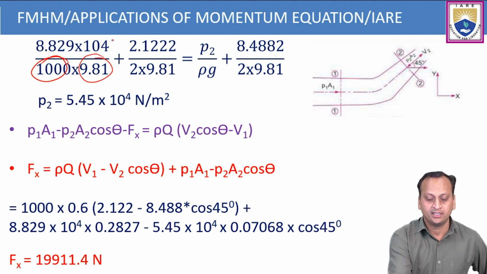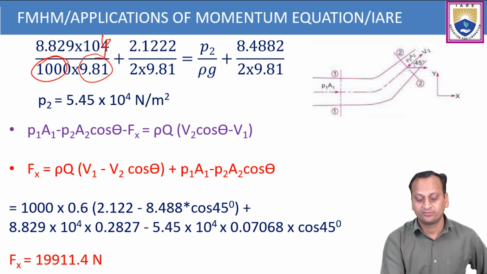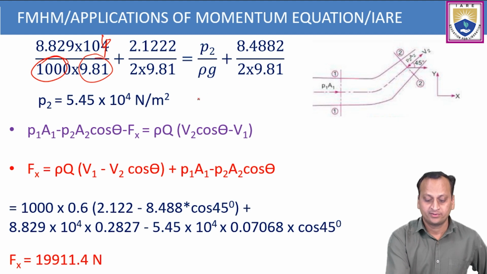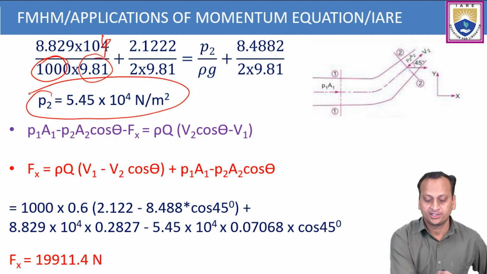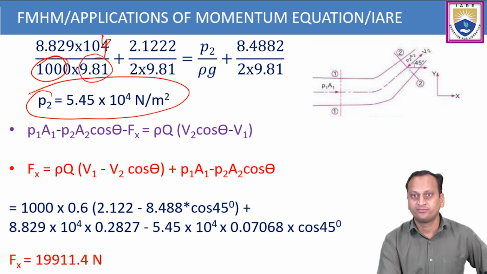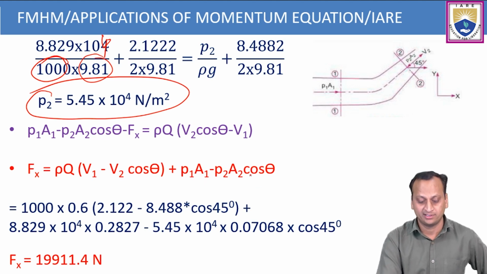P1 is provided, 8.829 into 10 power 4, plus V1 square by 2g equals P2 by rho g plus V2 square by 2g. From this, the pressure at section 2 is 5.4 into 10 power 4 Newton per meter square or pascals.